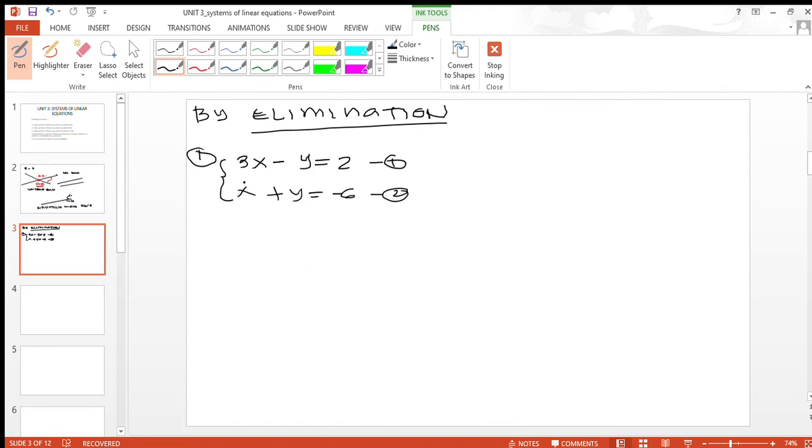So in this case, if you compare the coefficients for your variable x, the first has 3, the second has positive 1, and for y, the first is minus 1, the second is positive 1.